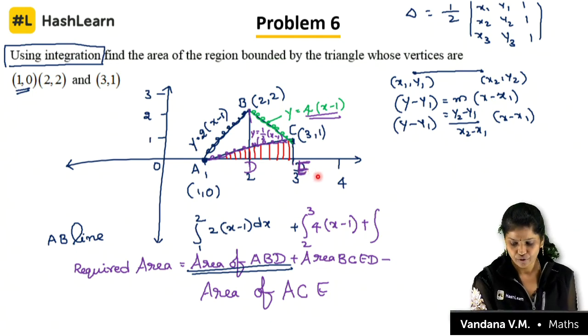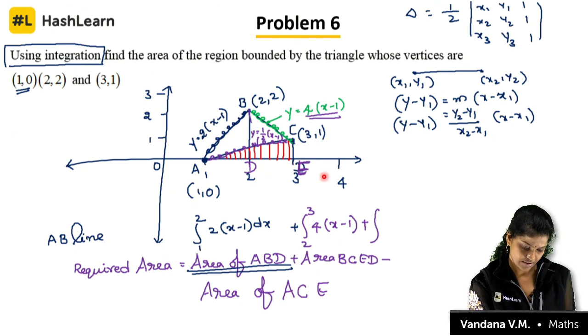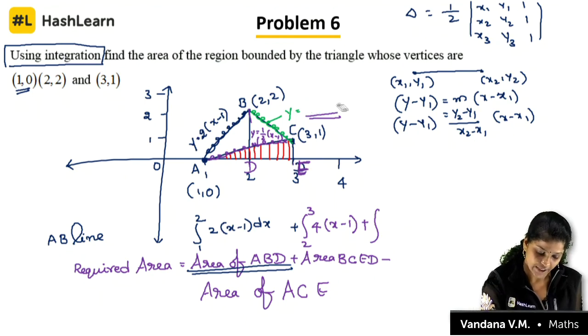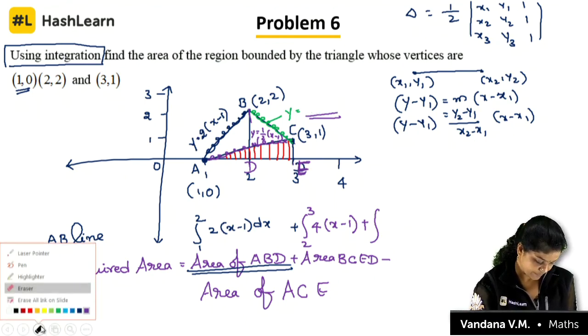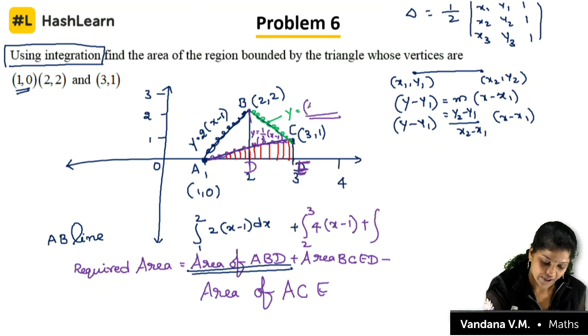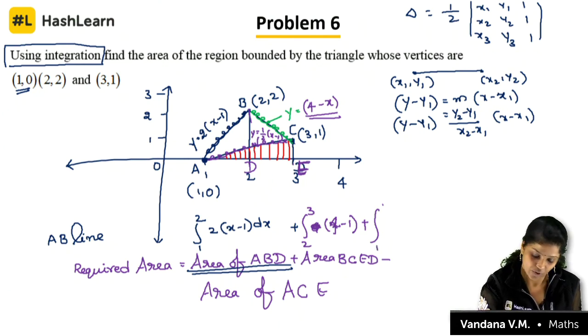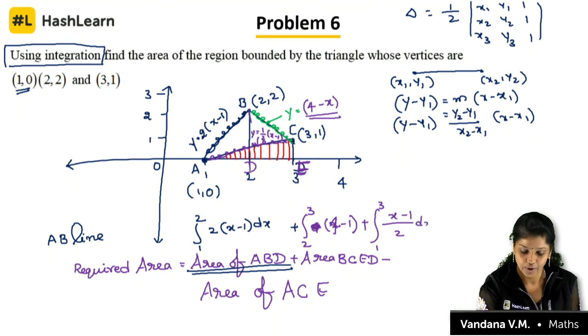The equation is y is equal to 4 minus x. From 1 to 3, x minus 1 by 2 into dx.